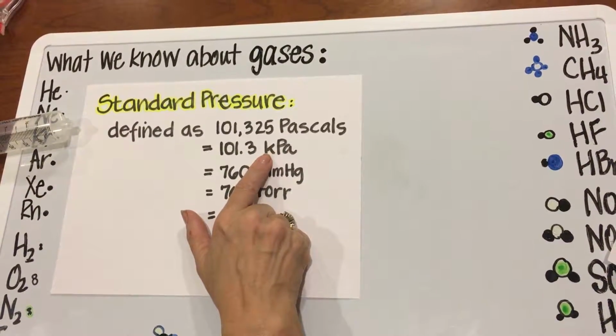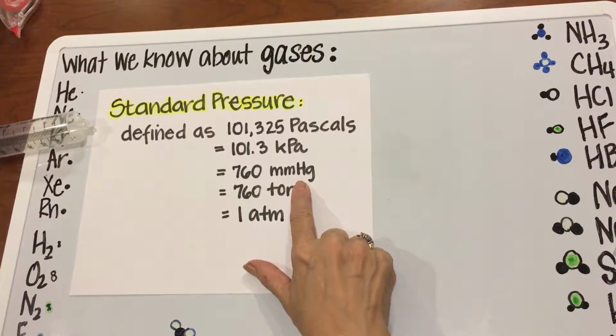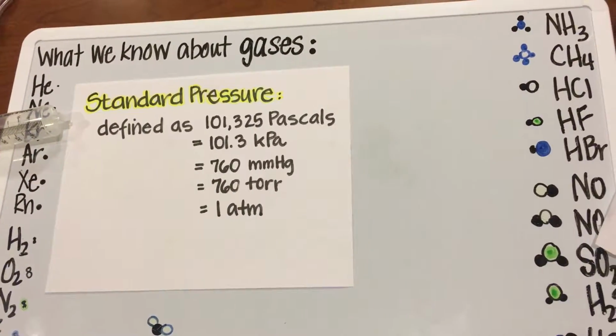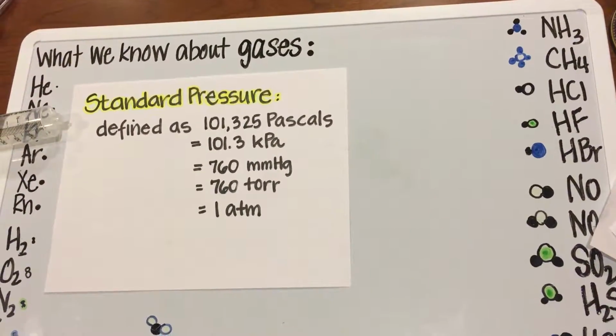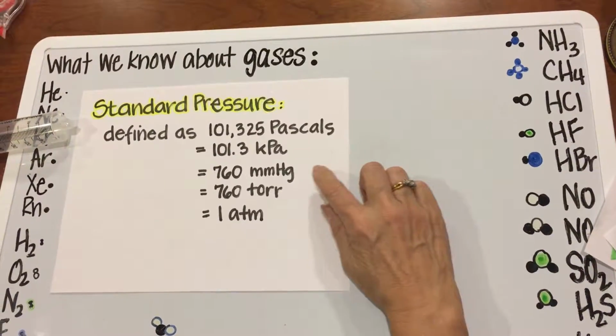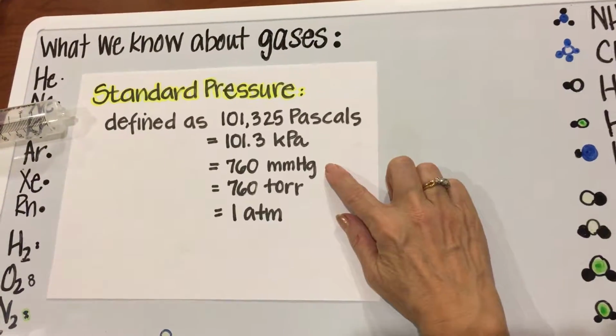This pressure in kilopascals is equivalent to a column of mercury that is 760 millimeters tall. Seems kind of strange, but there are instruments, including one in our classroom, that is a column of mercury that is open on the bottom to the atmosphere.